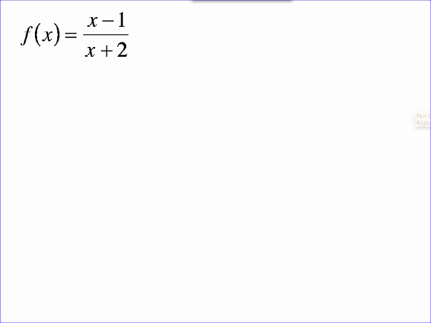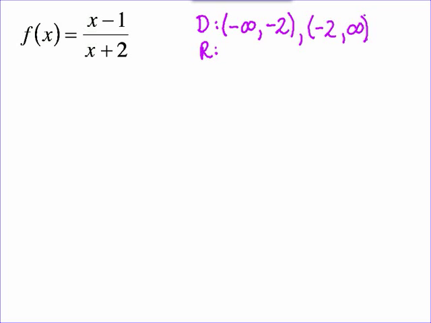It passes the horizontal line test. Yes, it does. Now what I need to do is find the domain and the range. So the domain, try again. Negative infinity to what value? Negative 2, and then negative 2 to infinity. The reason we use negative 2 is because that's where the denominator is undefined.